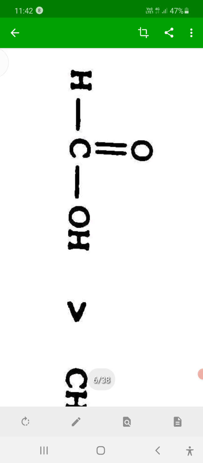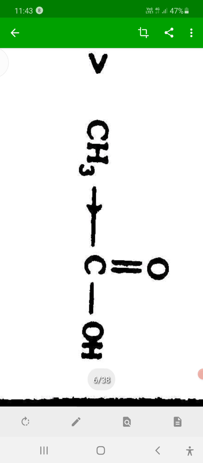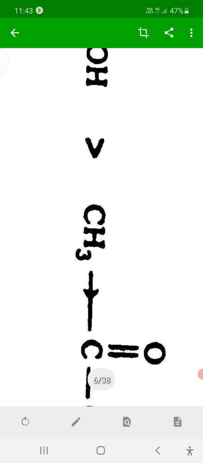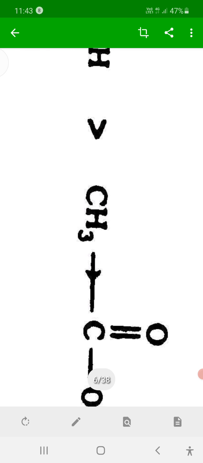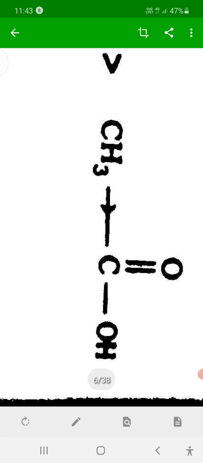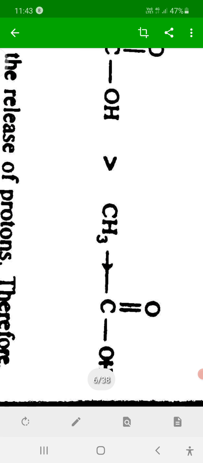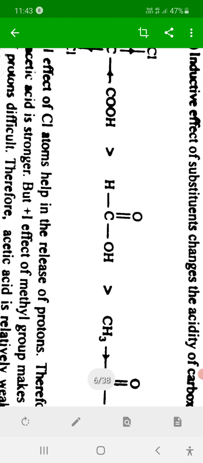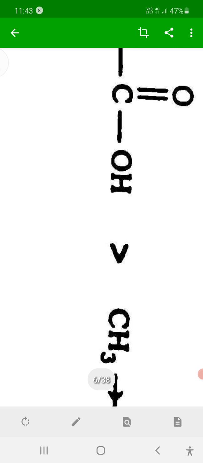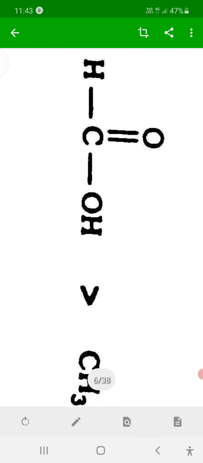Therefore formic acid is stronger than acetic acid. That bond does not easily break. Therefore acetic acid does not easily lose proton, and it is a weak acid compared to formic acid. Formic acid loses proton more easily than acetic acid because the OH bond is weaker in formic acid compared to acetic acid.